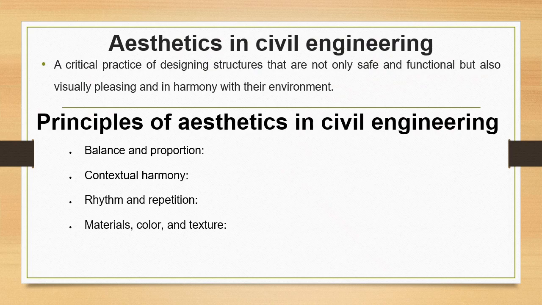Now, to start with the topic, we have to first understand the aesthetics in civil engineering. What does it mean? It is a critical practice of designing structures that are not only safe and functional, but also at the same time visually pleasing and in harmony with their environment.